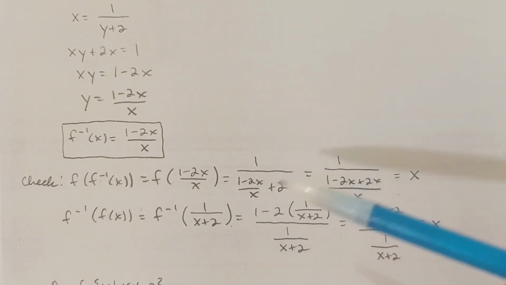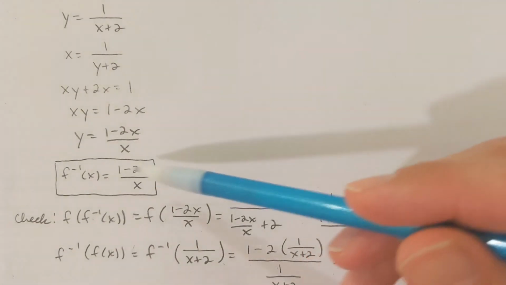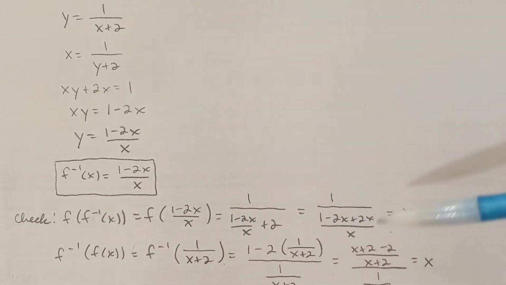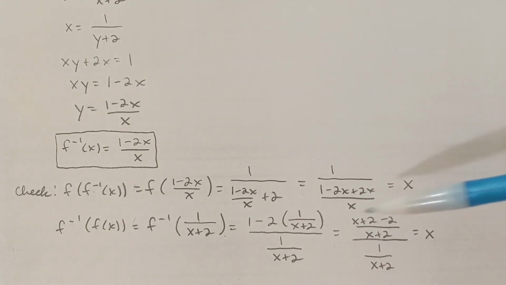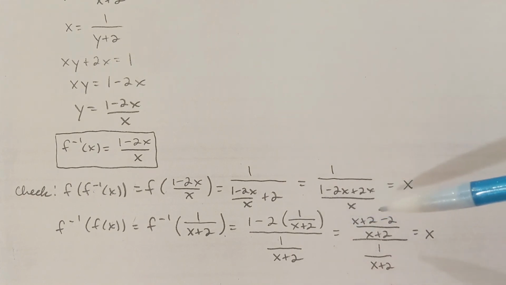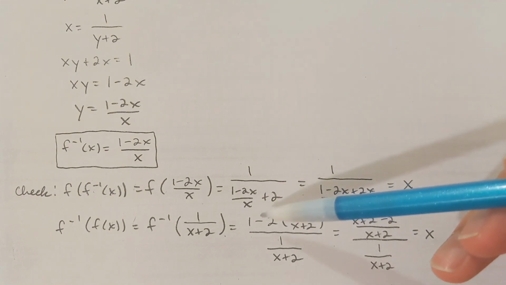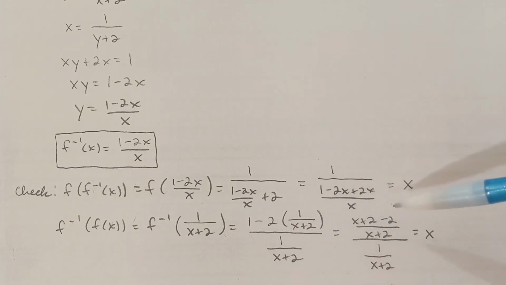F inverse of 1 over x plus 2 means wherever I see an x in the inverse, there's 2 of them, I got to replace those with 1 over x plus 2. Well, let's see here. So 1 minus 2 times 1 over x plus 2, divided by 1 over x plus 2. X plus 2 over x plus 2, I've changed to 1, minus 2, divided by x plus 2, divided by 1 over x plus 2.